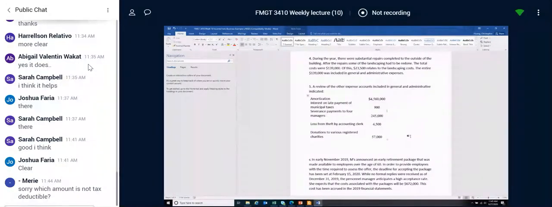So for the 57,000 of charitable donations, you have to figure out what your NITP is, calculate that threshold, and then you can only deduct charitable donations up to that threshold. Again, charitable donations are not deductible for calculating NITP because they're not a cost incurred to earn income. Any questions?